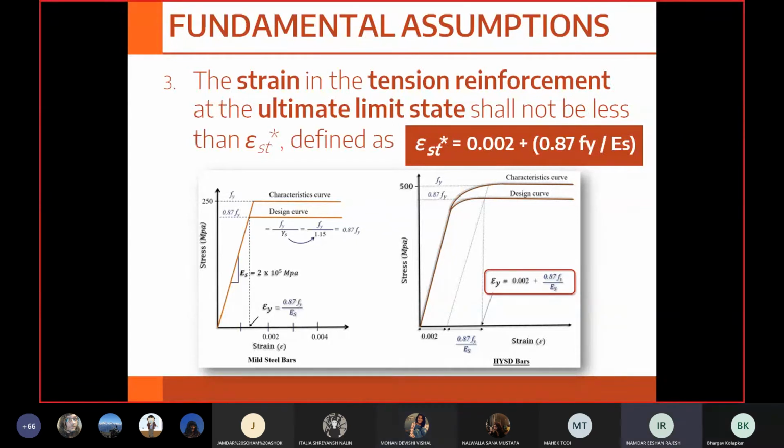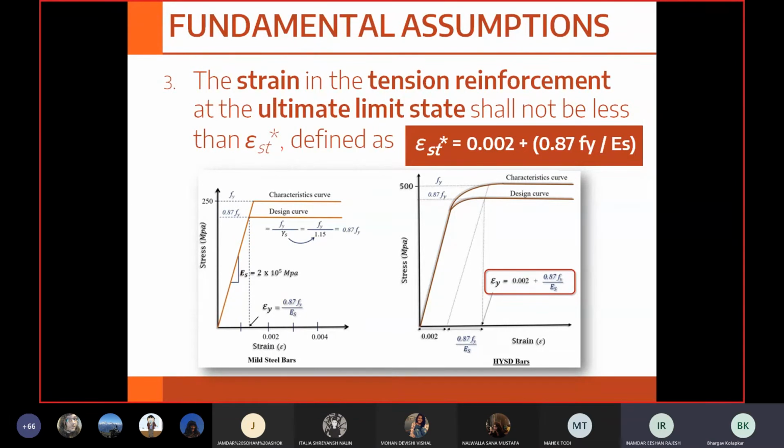Then why do we add that 0.002 again here? Do you mean for mild steel? No, for this equation, epsilon st is equal to... Okay.